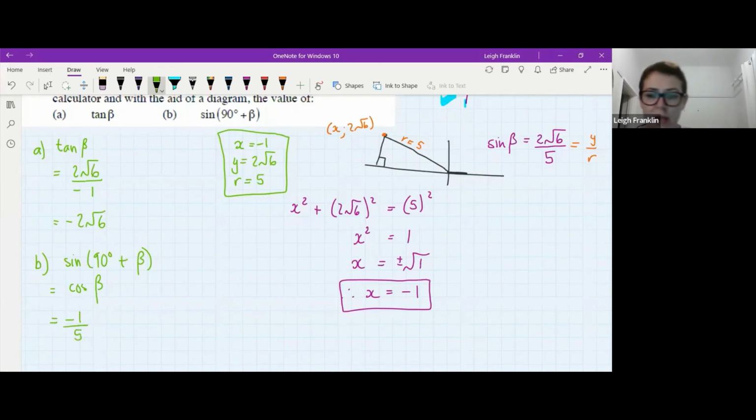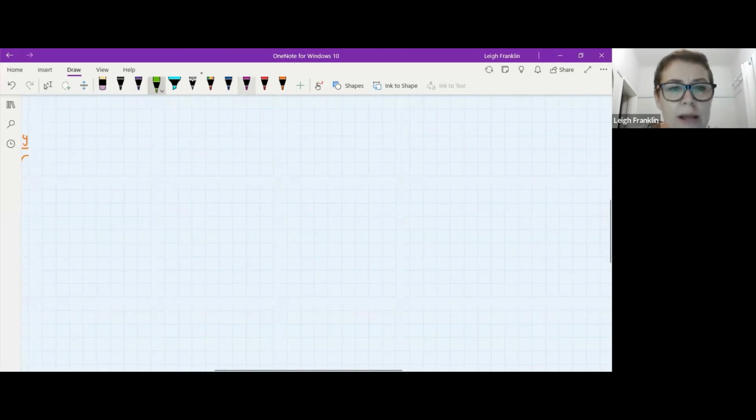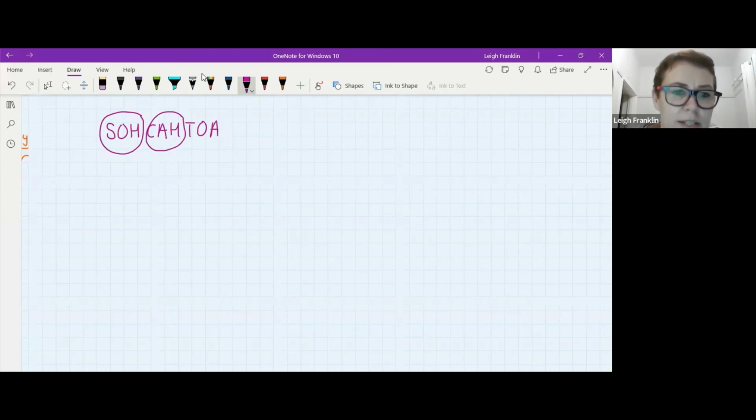There's a silly little mnemonic that your teachers may have taught you in grade 10, SOH CAH TOA. That's worldwide. That's how we remember sine is opposite over hypotenuse, cos is adjacent over hypotenuse, tan is opposite over adjacent.